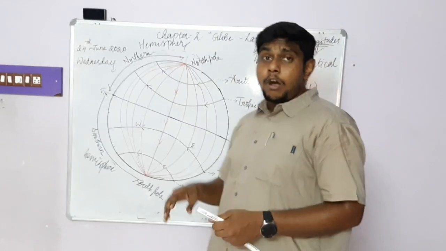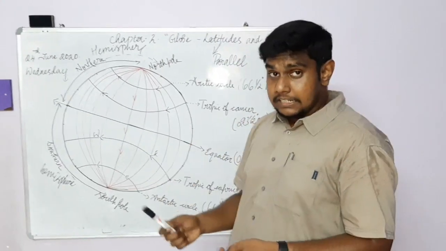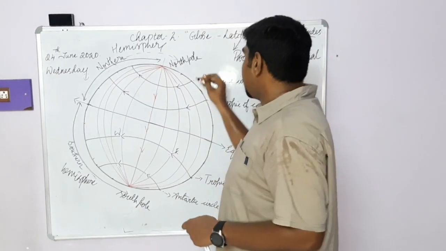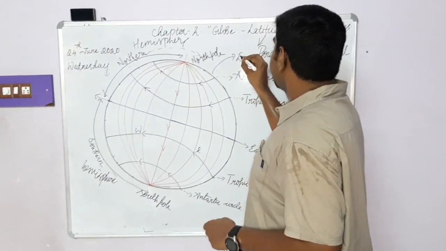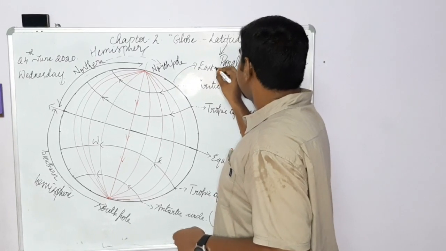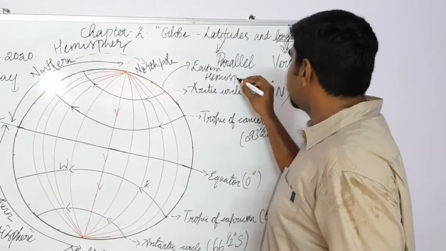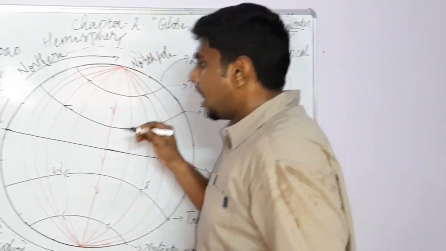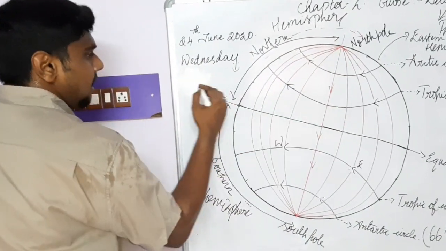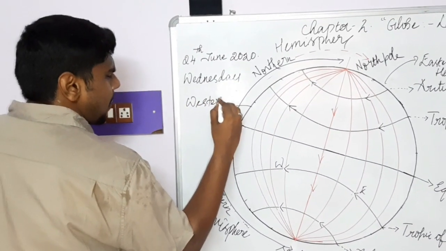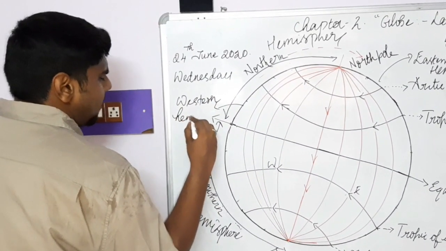The longitude also divides the earth into two different hemispheres. The right hand side is called the eastern hemisphere, and the left hand side is called the western hemisphere.